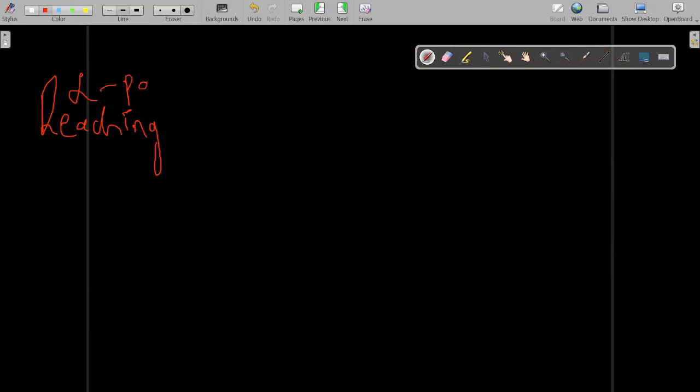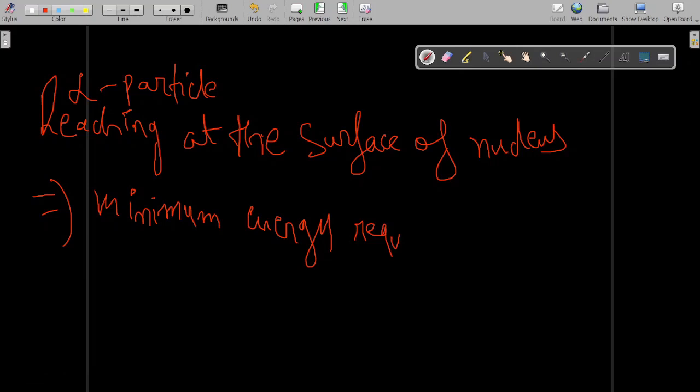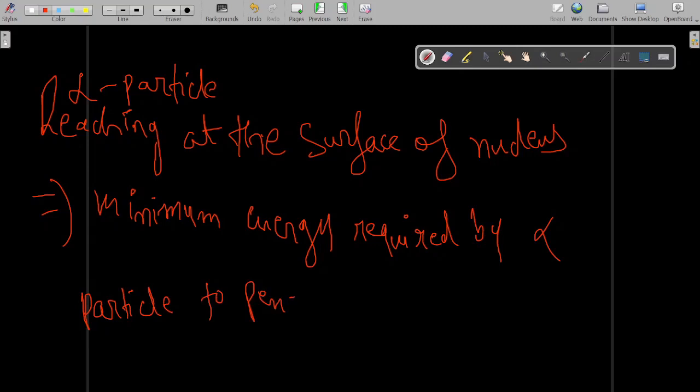The alpha particle reaching at the surface of the nucleus implies what? Minimum energy required by the alpha particle to penetrate the nucleus.